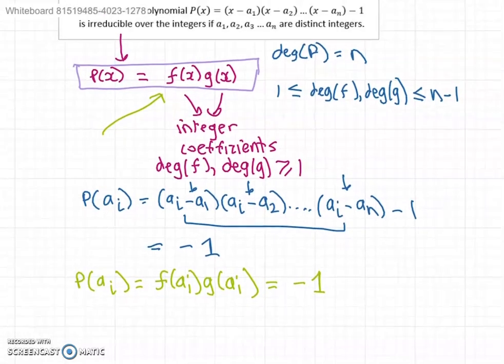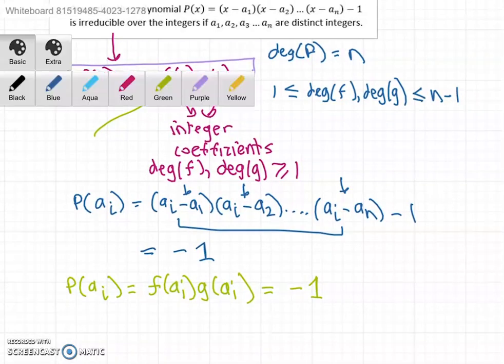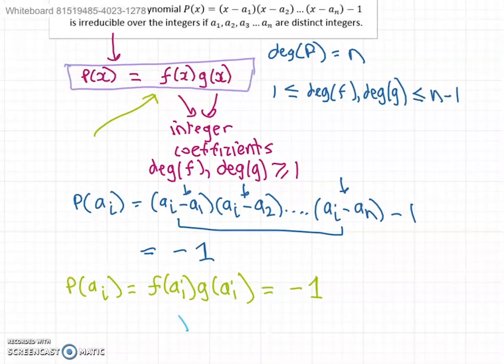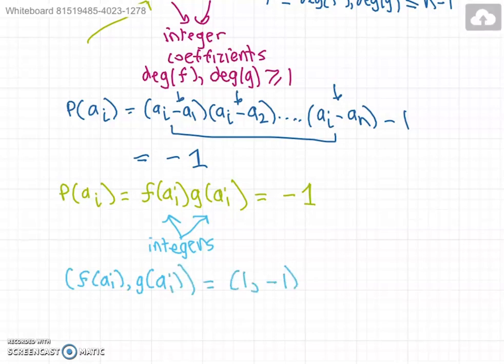And now, since f and g have integer coefficients, and since ai is an integer, f of ai and g of ai are both integers. So we have two integers that multiply to give minus 1, and there's only two ways this can happen: f of ai, g of ai can either equal 1, minus 1, or minus 1, 1.